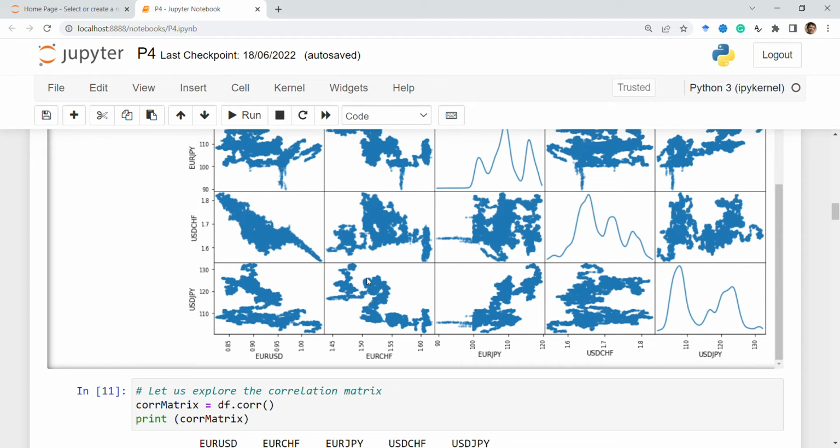But if they share a variable, then sometimes we see some pattern. For instance, here we have euro divided by dollar and dollar divided by Swiss franc, and there is a negative relationship that reflects the point that the dollar is in the denominator in one while it is in the numerator in the other.